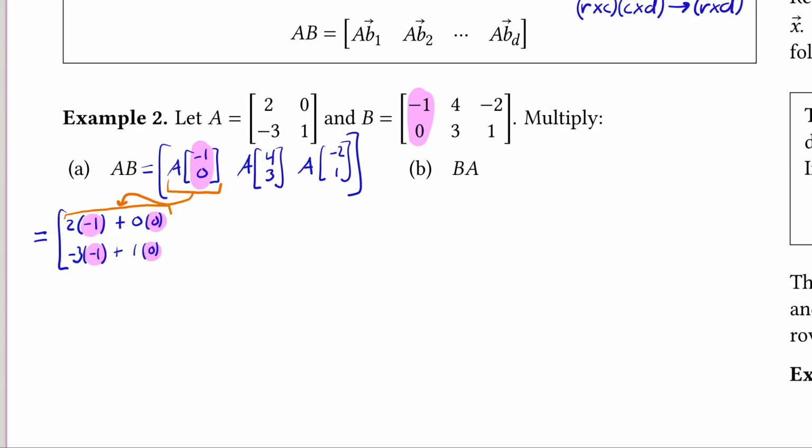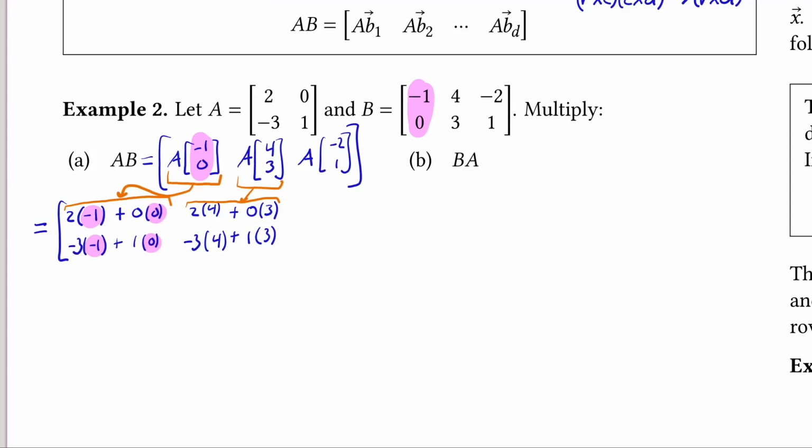So you can see how the negative 1 and the 0 are scaling the columns of A there. Then let's do the same thing with A and 4, 3. We're doing 4 times the first column of A plus 3 scaling the second column of A, like so. And then for the third column here, we're going to do negative 2 times the first column of A, like so, plus 1 times the second column of A.